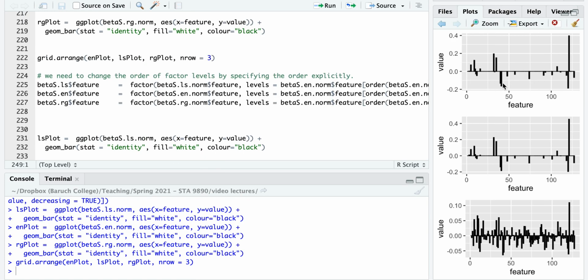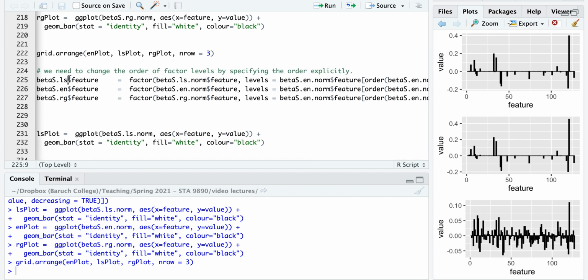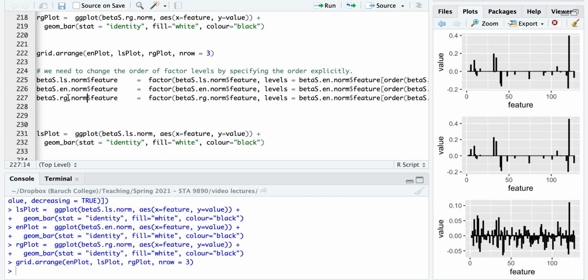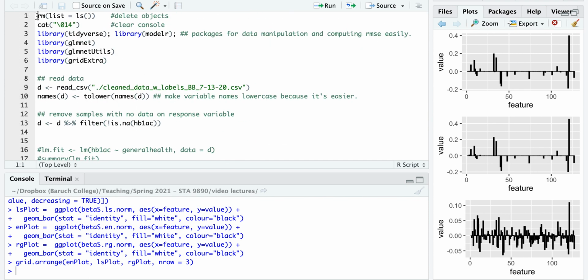These are not ordered from largest to smallest, and the reason is that we need the norm here too. So just to make sure everything is correct, I have to run it from the beginning.